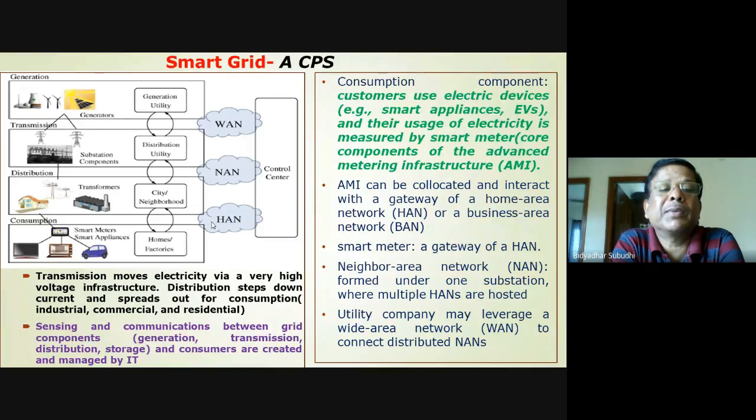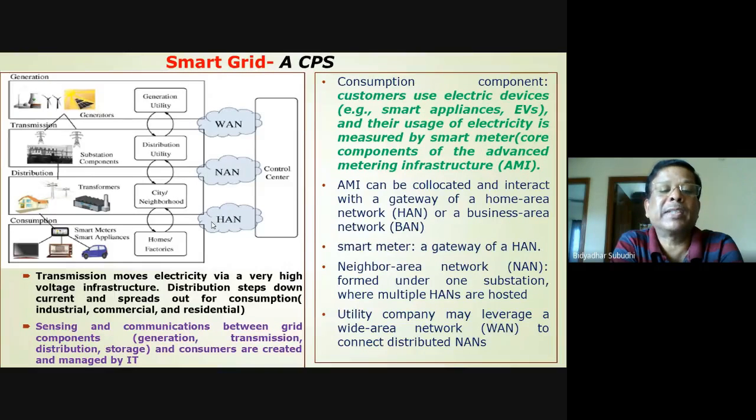Then comes the distribution, where we step it down, and the next level is consumption. Consumption is more important in the sense that it triggers how to make it more reliable or feasible by employing different techniques. Transmission moves electricity by a very high voltage infrastructure. Distribution steps down the voltage and spreads it out for consumption by industrial, commercial, and residential loads.